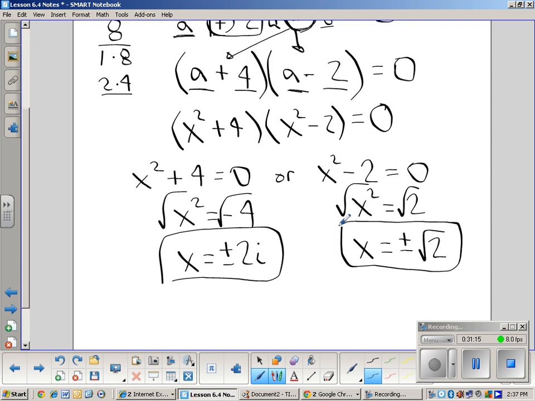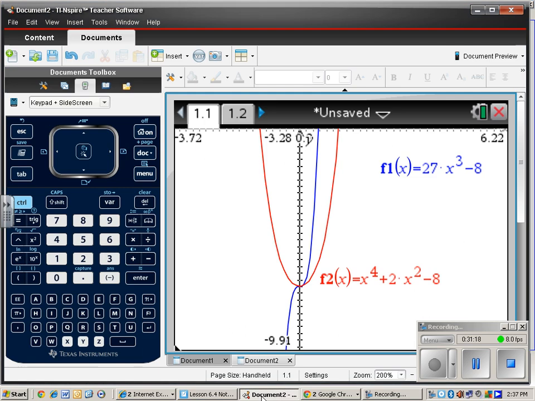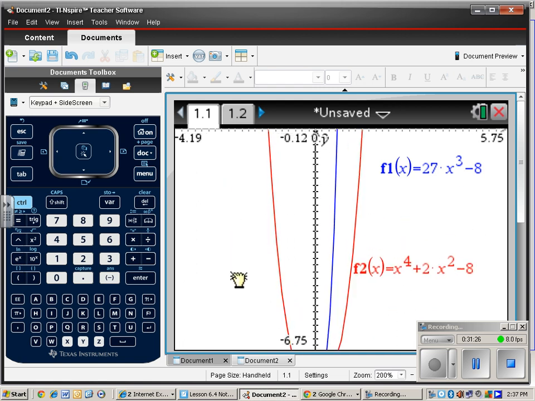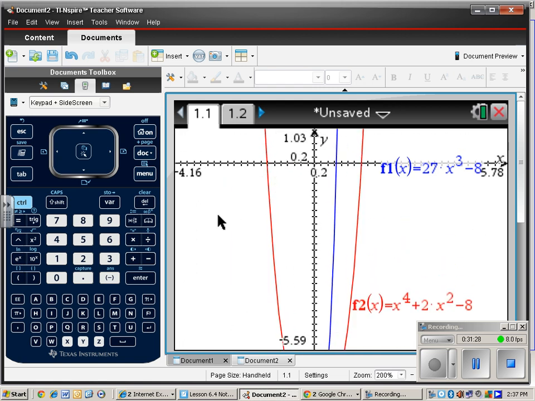So when I go back to this picture of my graph, and if I scroll up so you can see the x-axis, look at that. It crosses right there, and it crosses right here. See, the red equation is the one we started with there, isn't it?